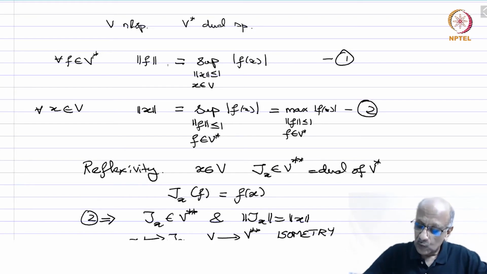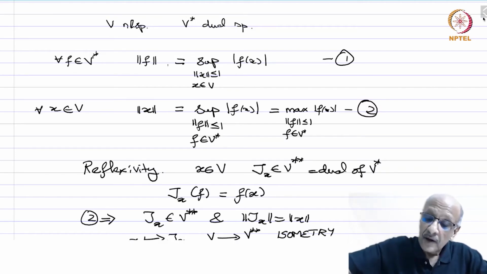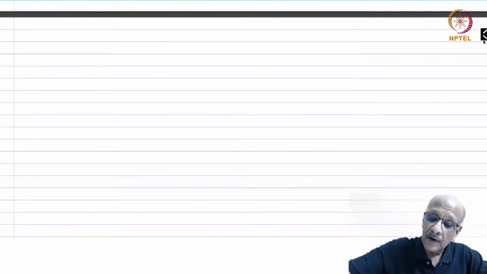In particular it is 1 to 1, and therefore it will map V into a subspace of V double star, preserving the norm. So this is called an isometry. So now we have an important definition.